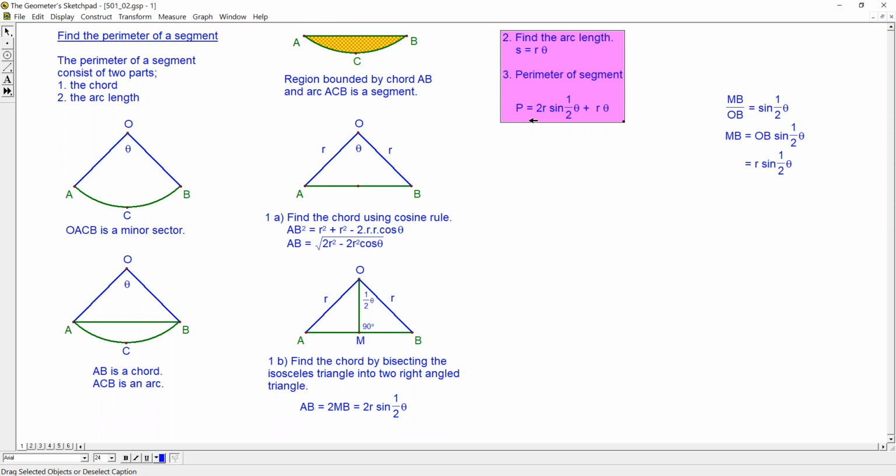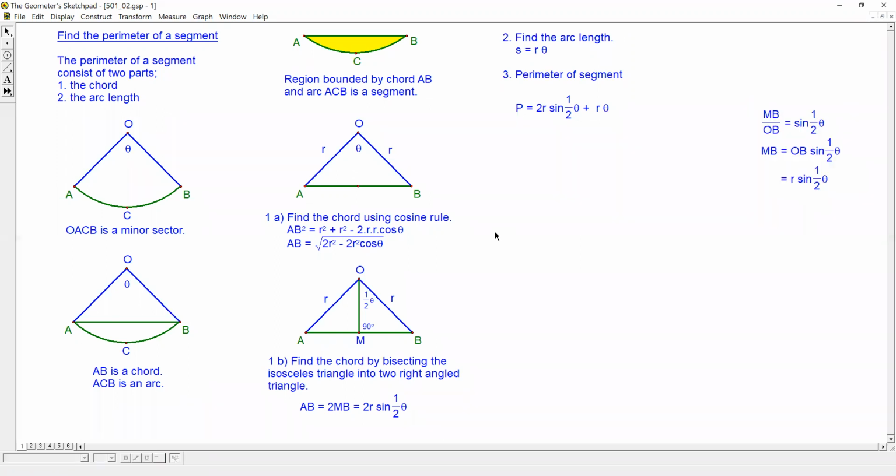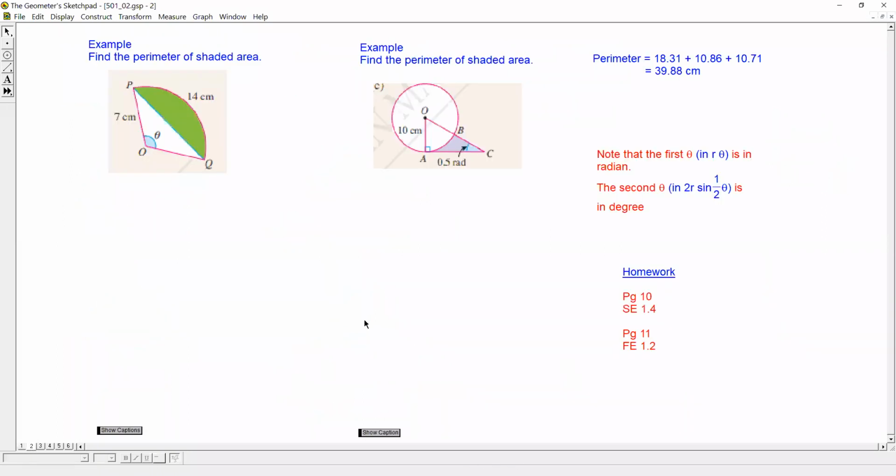So the perimeter is RS plus the straight line, 2R sine half theta. Can follow or not? Can, okay, continue here.